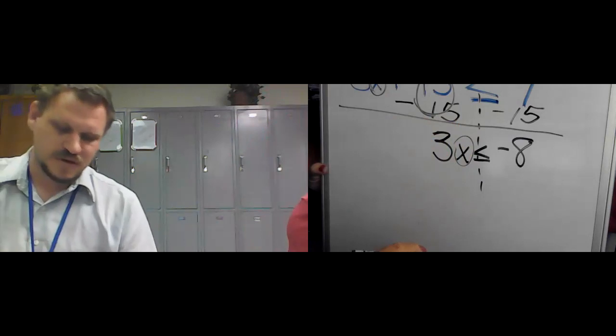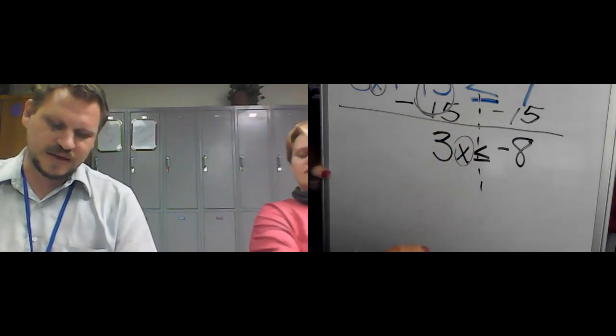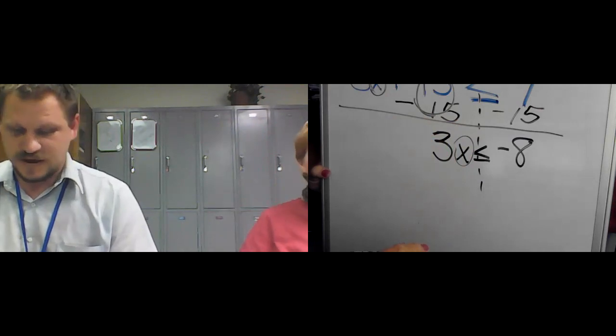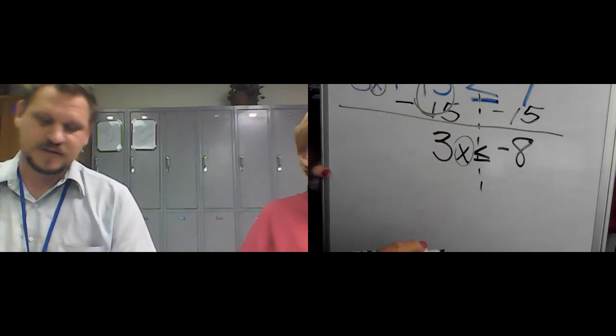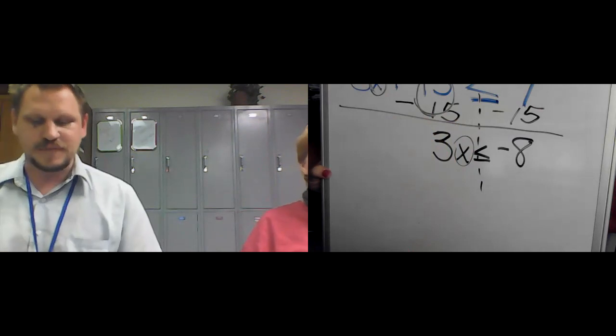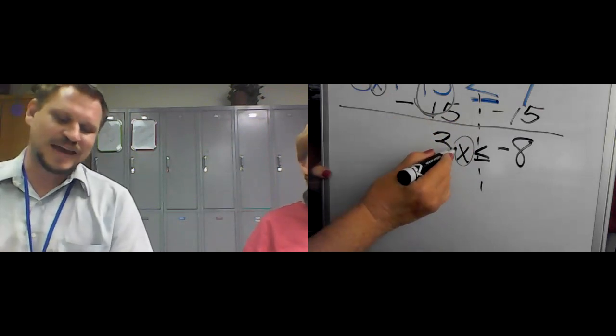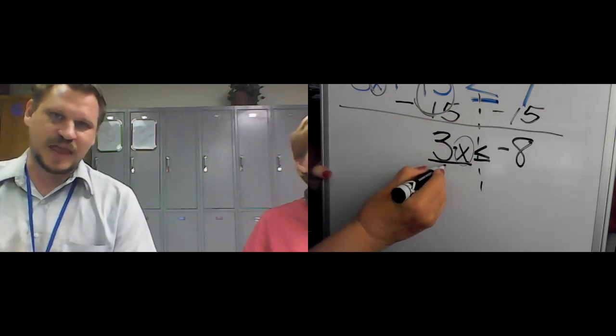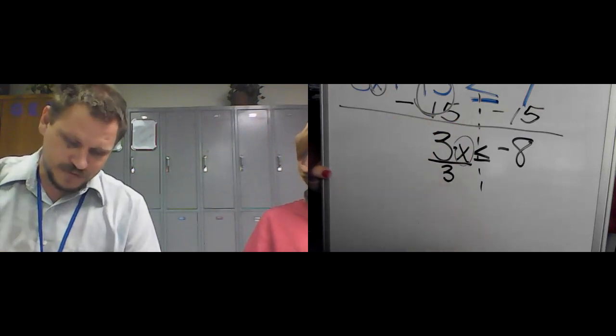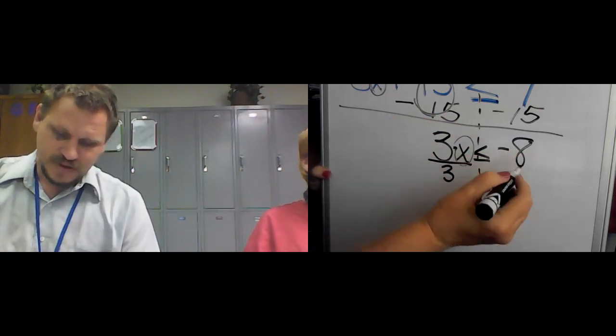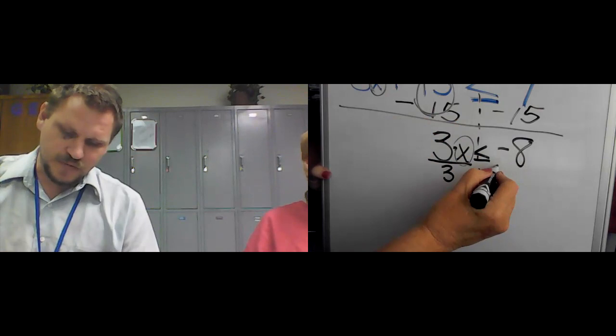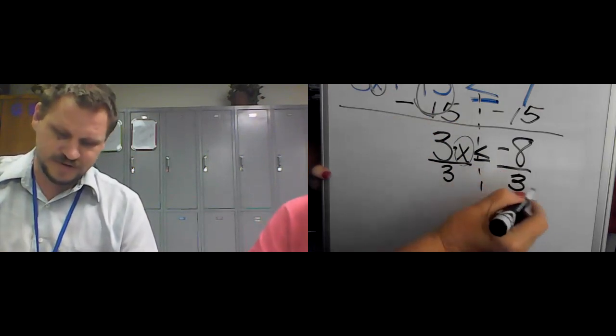And then after that, because the 3x is 3 times x, we're going to have to divide to get the x unbound, and we have to do it on both sides, right? Right.